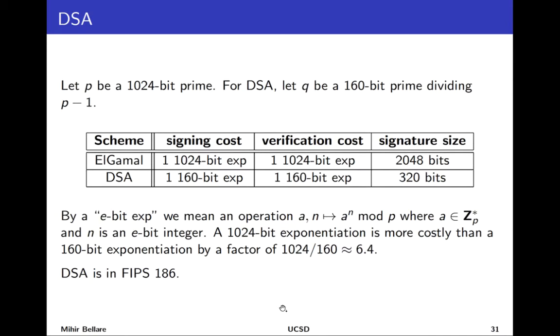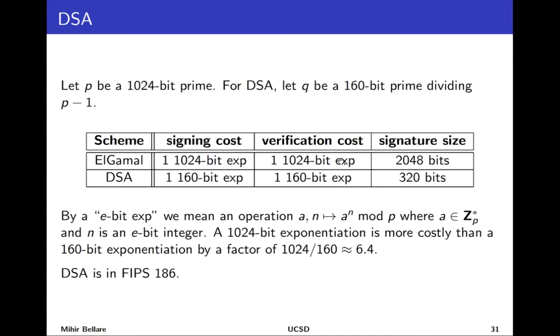So in particular, for a 1024-bit prime, signing and verification in Elgamal were of these types of costs. This says you have to do a group exponentiation, which is cubic time, if the exponent is this length. More generally, exponentiation is an operation that here will take time the length of the modulus squared multiplied by the bit length of the exponent.